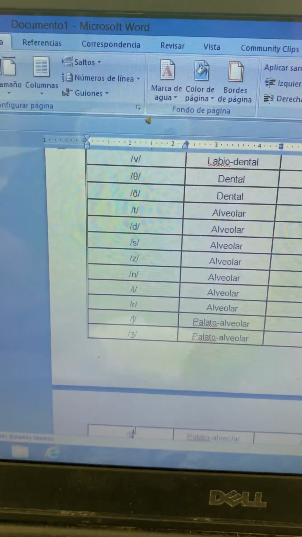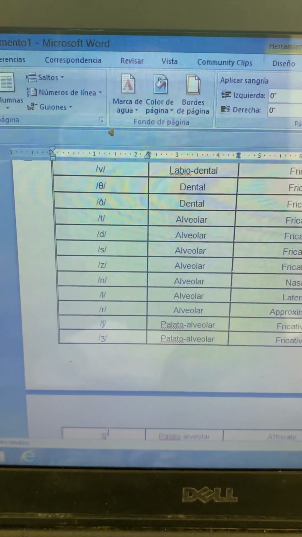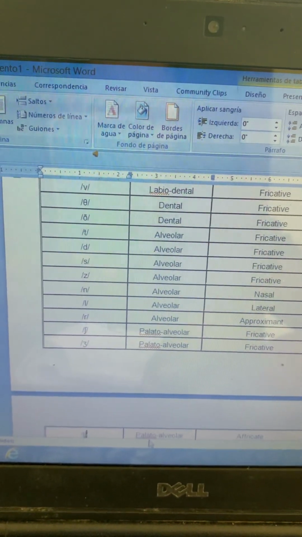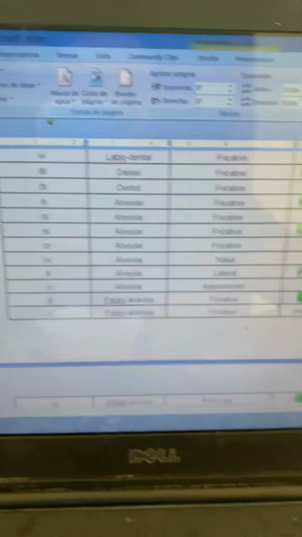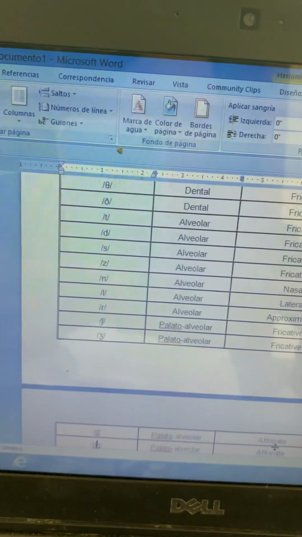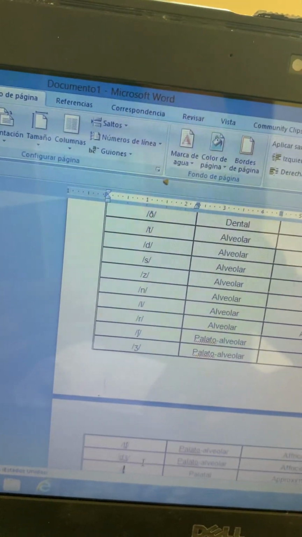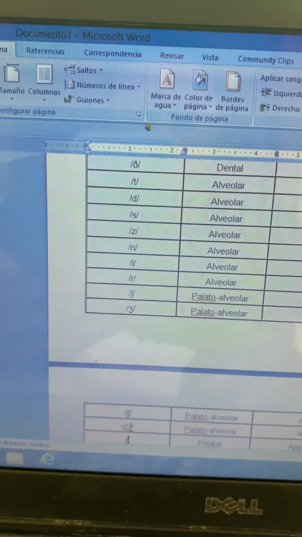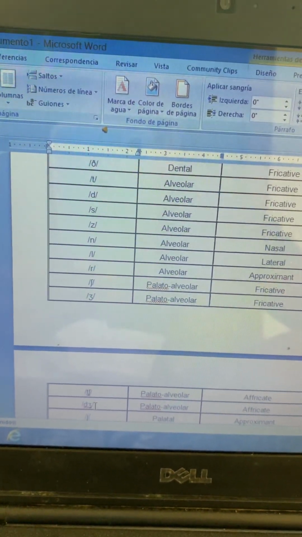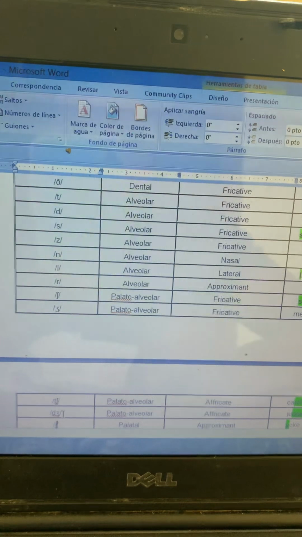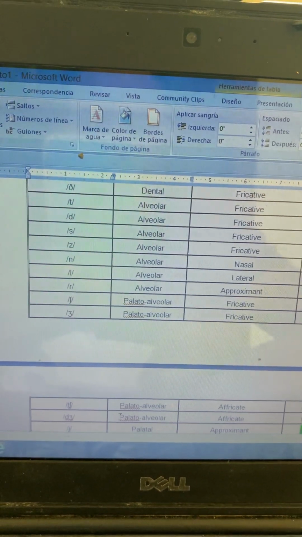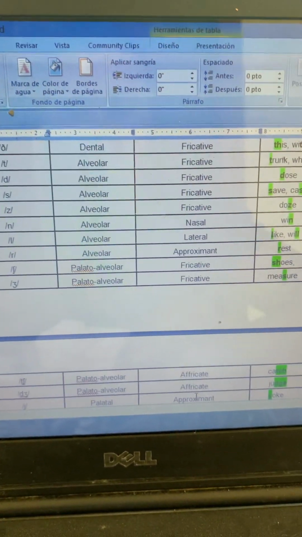And here we have the consonant which is voiceless, palatal-alveolar, affricate. For example, catch. And here we have the consonant which is voiced, palatal-alveolar, affricate.